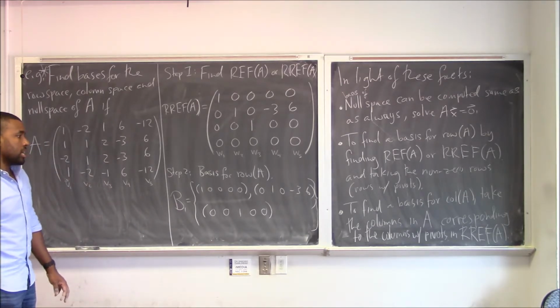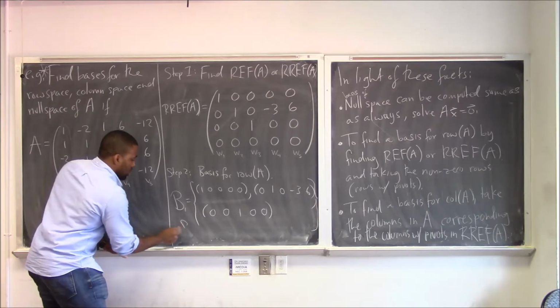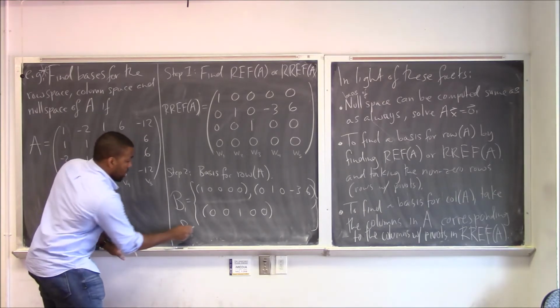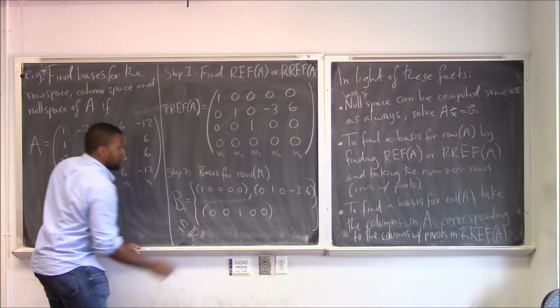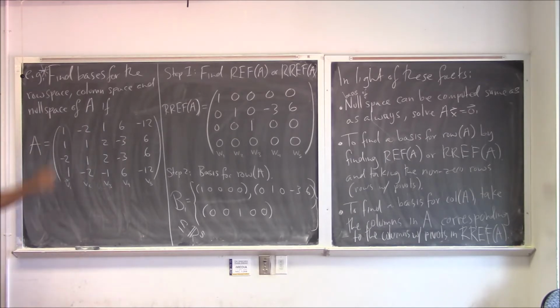You will notice that these vectors live in R5, right? And R5 is the number of columns here. So you see how it makes sense with what I said before. Notice that there are 4 rows and 5 columns, right? So this gives us a subspace of R5.